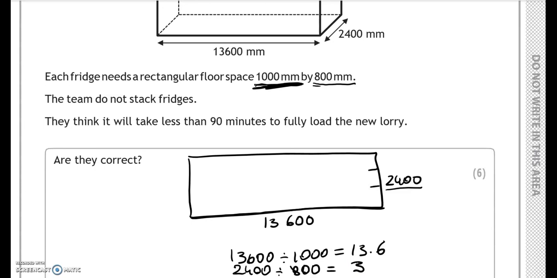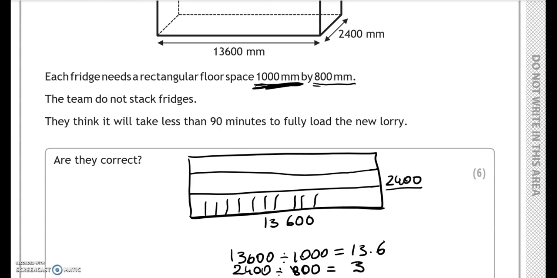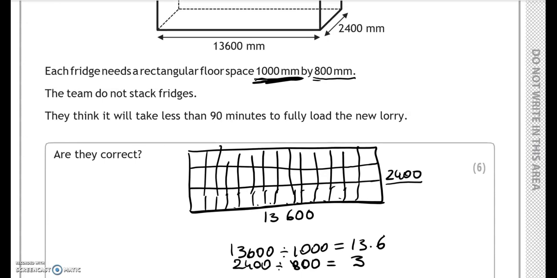So I can see the 3 rows of fridges there, and there would be 13: 1, 2, 3, 4, 5, 6, 7, 8, 9, 10, 11, 12, 13. So 13 times 3, lots of fridges. That would fit.